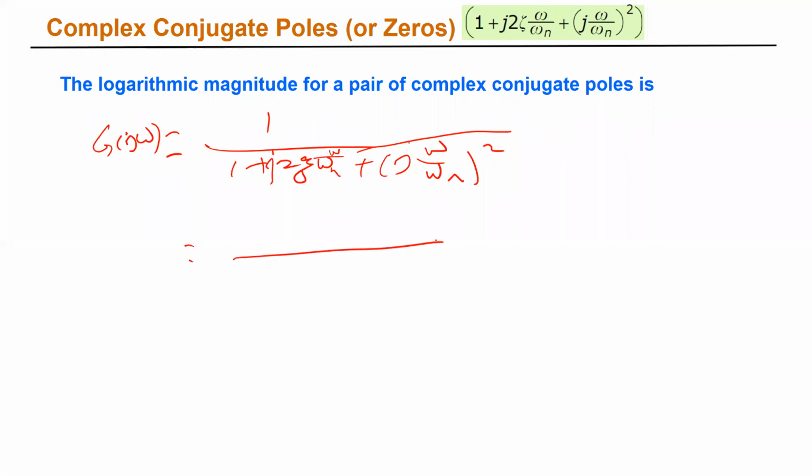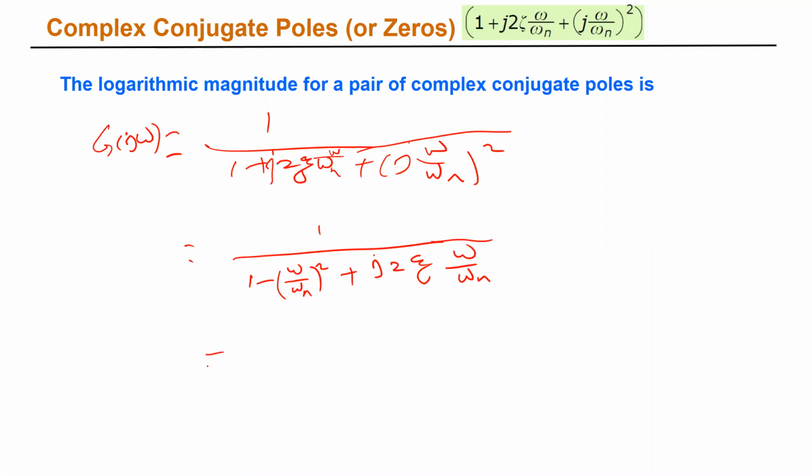So let me put the real together and the imaginary together. I will have 1 over 1 minus omega over omega n square plus j 2 zeta omega over omega n.